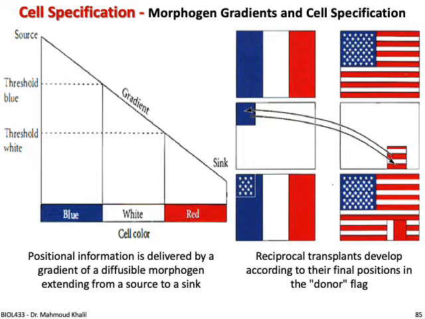So in this simple example, if we consider a cell color which is blue, white, and red, and we consider there is a gradient of the morphogenic factors starting from the source at high concentration into the sink at lower concentration, you can see that when the concentration decreases until it reaches the threshold of blue, the color changes into white, and when it reaches the threshold of white, the color changes into red.